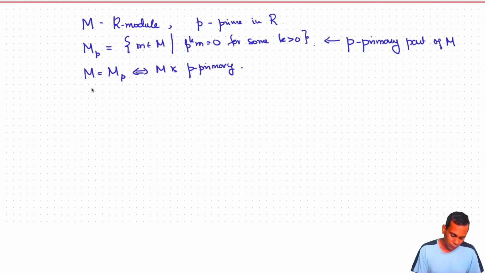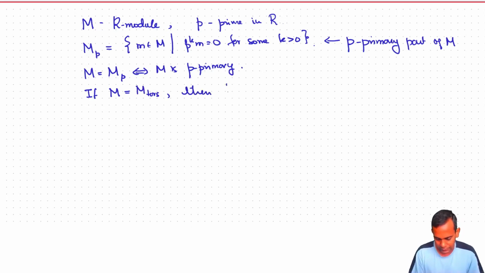Also we know that if M is a torsion module, which means that every element of M is killed by some nonzero element of the ring, then M is the direct sum over all primes p in R, actually prime ideals p in R, of M_p.